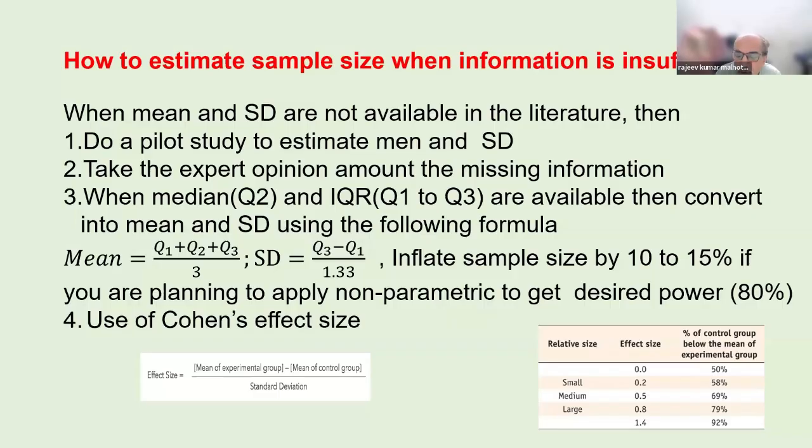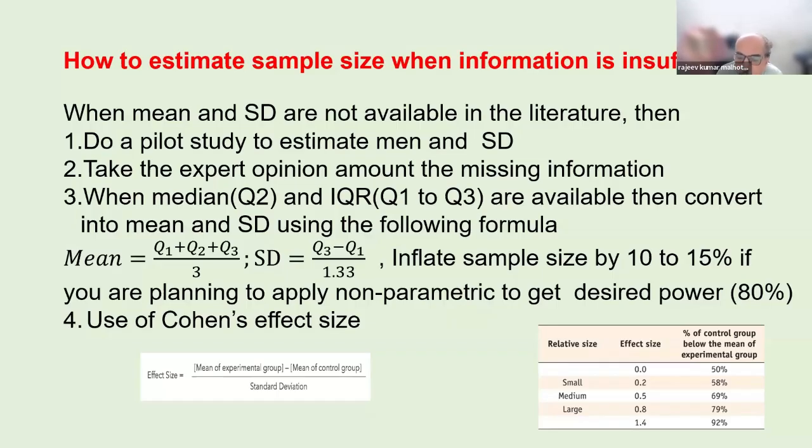So I would suggest you calculate the exact effect size if you have a mean or standard deviation for your outcome variable from the previous study. If you don't have it, then there is a problem.